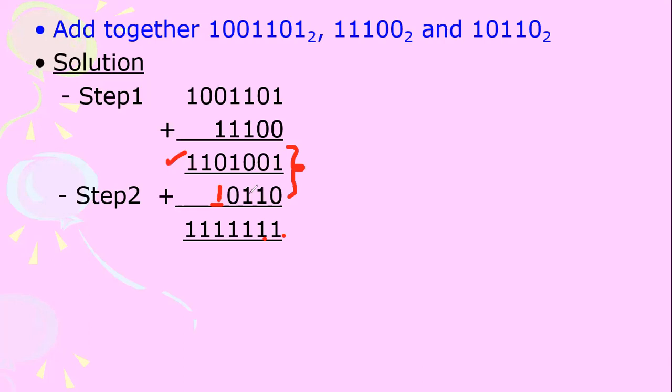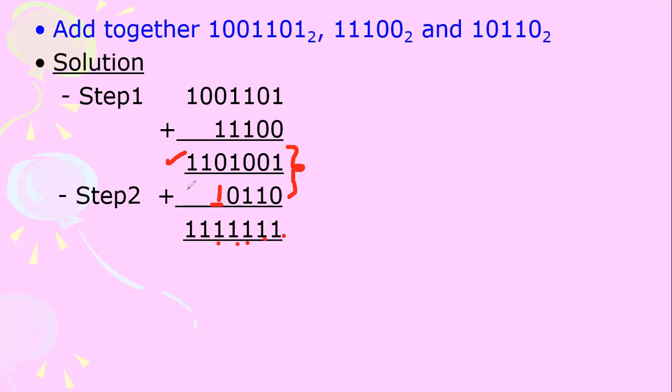So 0 plus 1 is equal to 1. Then we move on to the next column where we have 1 plus 0, which gives us a 1. And then next column, we have 0 plus 1, which gives us 1.